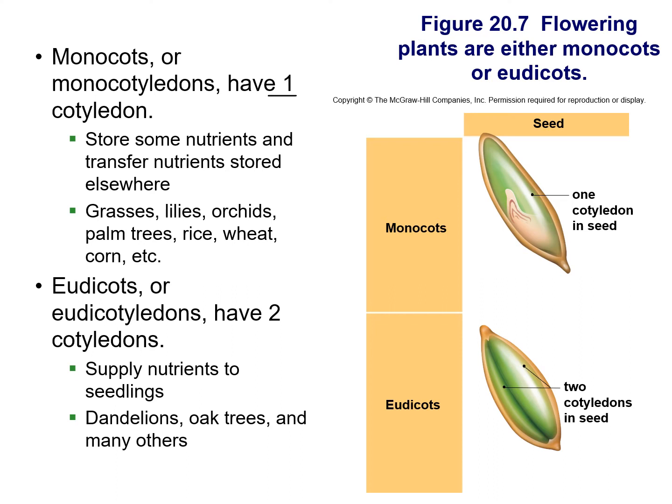Whereas if you remember last semester, we grew a lot of bean plants with our Biol bottle project. Those ended up having two leaves when the bean split open, whether it was lima or pinto or any other type of bean. And those two leaves were the two cotyledons in the seed. Those tend to be your dandelions, your oak trees, and several other types of flowering plants.